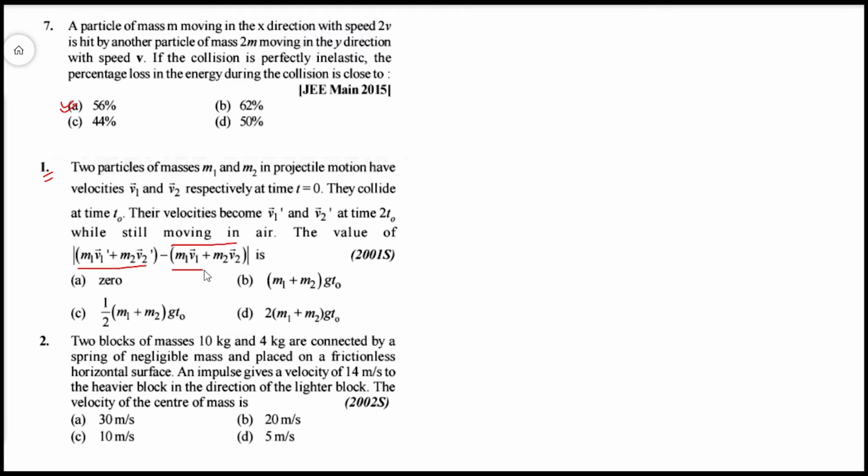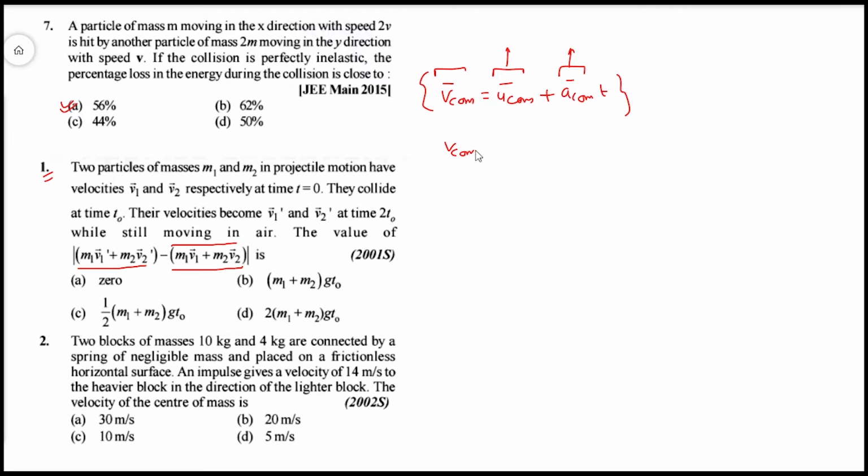So this is the initial center of mass velocity, and this is the final. So if we use the formula v com is equal to u com plus a com into t, the center of mass has some acceleration a. It initially started with some initial velocity u, and then we have some velocity v.